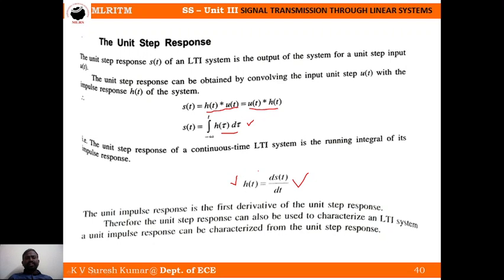So I repeat, as we have seen, differentiation of the unit step signal gives the unit impulse signal. In the same way, differentiation of the unit step response gives the unit impulse response. Okay, very important.